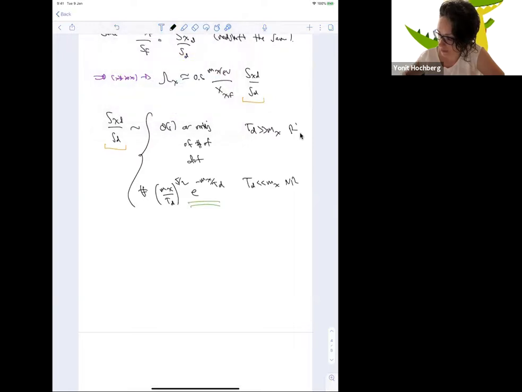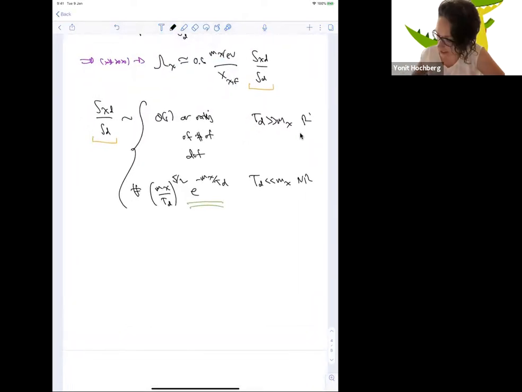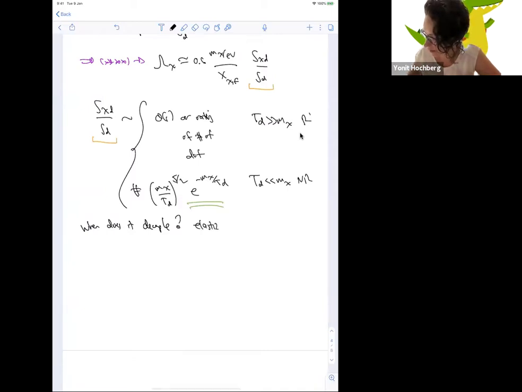Okay, so when does it decouple? Well, decoupling happens when the elastic scattering between the 2 sectors shuts off. Okay, so here's our elastic scattering. Chi, chi photon, for instance, goes to chi photon, stops.